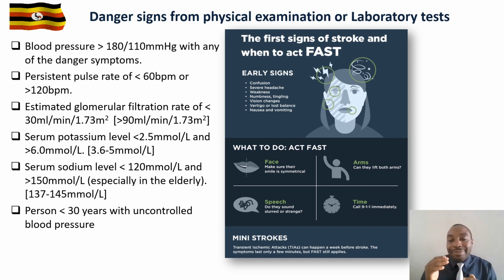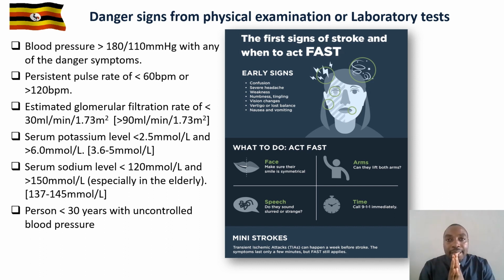From 90, imagine, it's dropping to less than 30, meaning that the kidneys are not efficient. They're becoming less efficient at filtering your blood to form urine because there is damage that has been caused by high pressure affecting those blood vessels at the glomerulus, which is the part of the kidney where that filtration takes place.